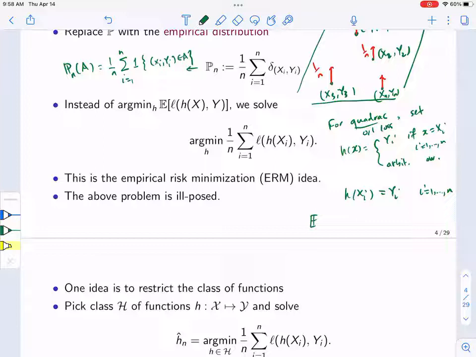So this function that I constructed, if I plug it in, the expectation with respect to x, y of h hat of x minus y is in general going to be big. So there's going to be a problem with generalization.